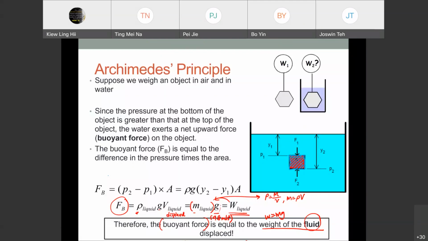If you have another object submerged partially in the water, now your volume will only be this part, because this is the part that displaces the amount of water.